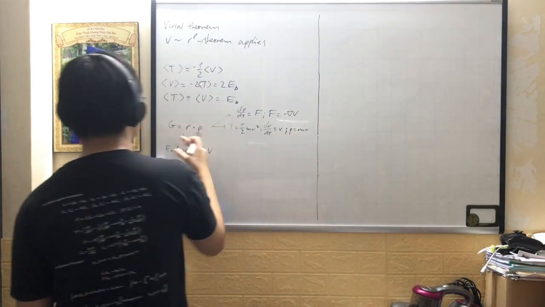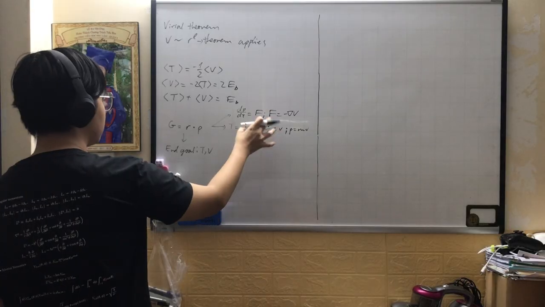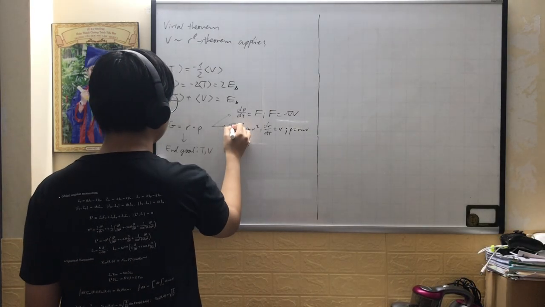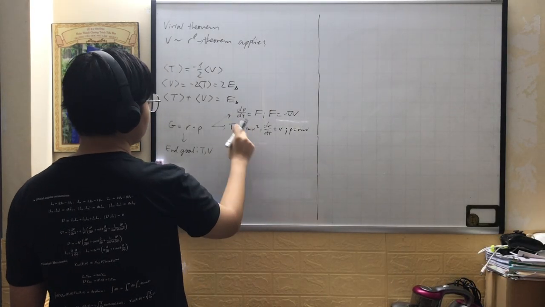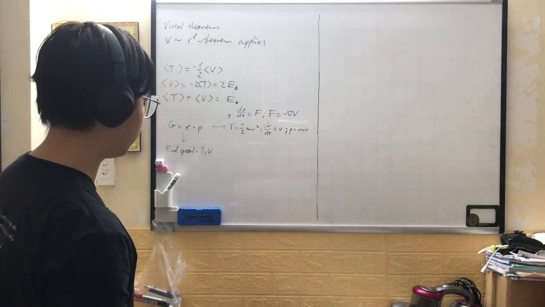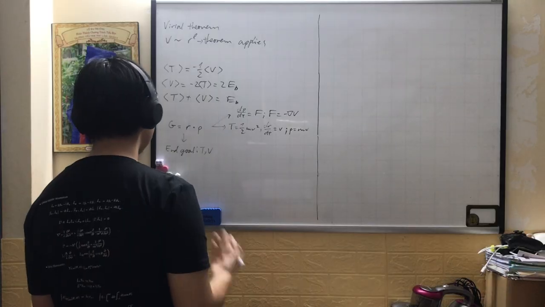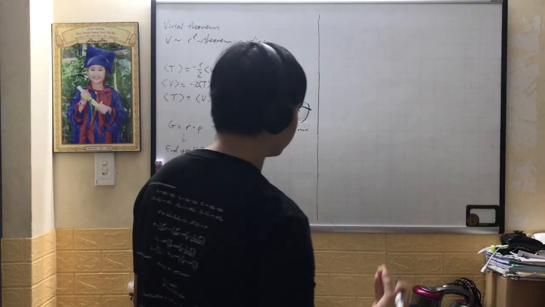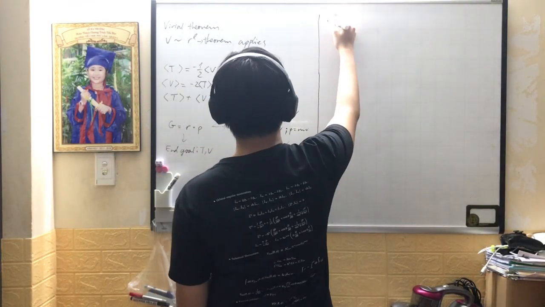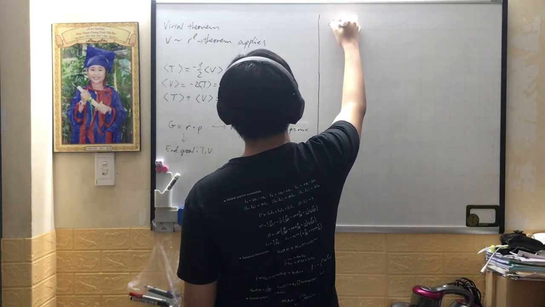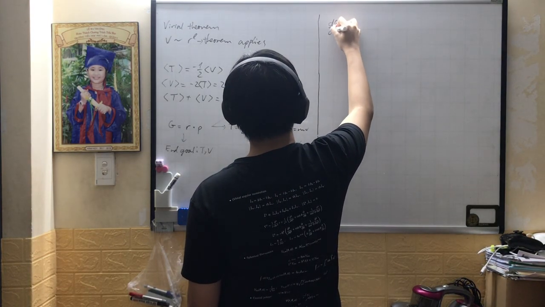We just have to somehow put these back in, so you can see the d/dt appeared. So we're gonna take the derivative of G relative to t, dG/dt.